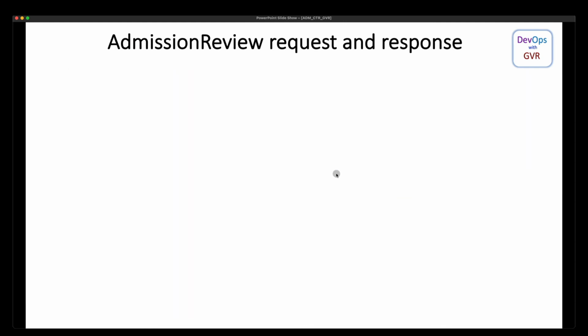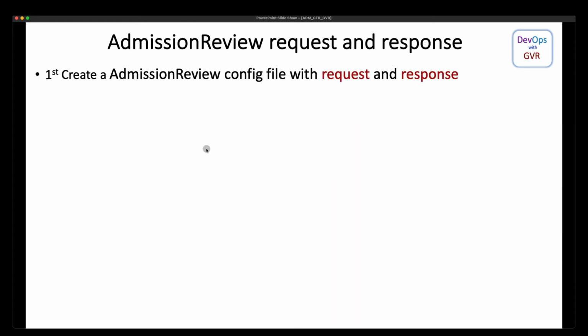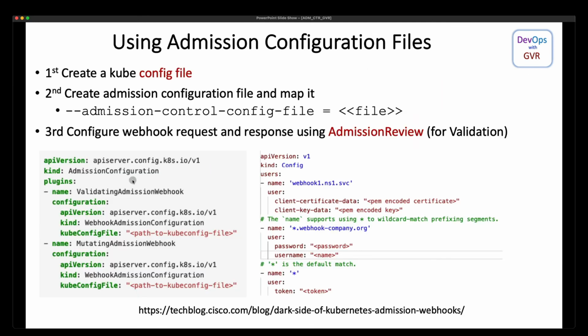Admission review is basically this: before the API call triggers to etcd, the admission review kicks in, and it will check, apart from these two, whether any request or response is defined with this validation. So I have mutating and validating, but what should I do with the request and response?